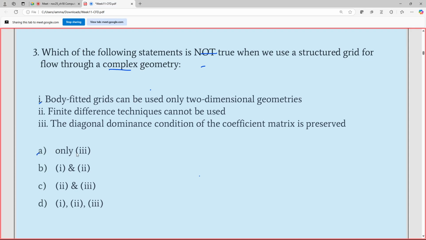Options are: option A, only third statement; option B, statements 1 and 2; option C, statements 2 and 3; option D, statements 1, 2, and 3. So try to find out which of the statements are not true regarding using a structured grid for flow through complex geometry. You can inbox your answers.